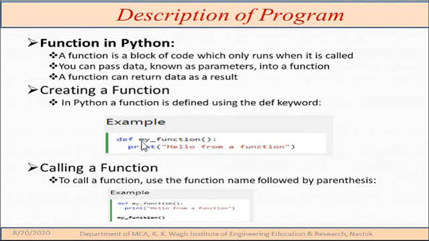So by using the def keyword, as you can see on my screen, the example is given. My function I have declared by using def, and I simply printed a hello message. Now once you define the function, how do you call it? As in C++ or Java, with the help of the function name you can directly call that function. So it is the same.